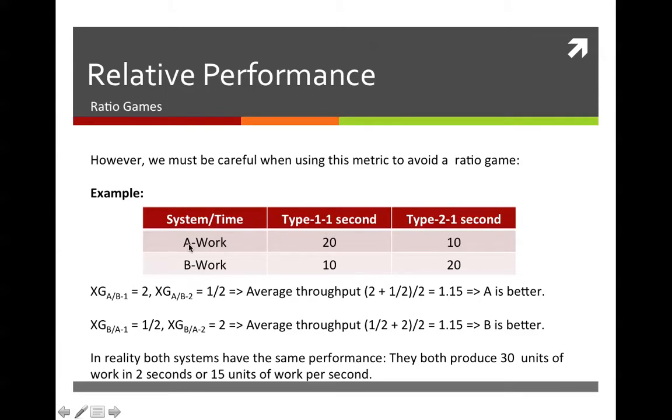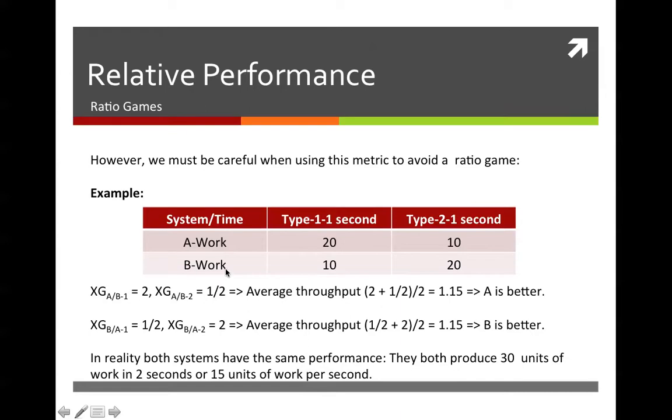So system A works on type 1 for 1 second to produce 20 work, whatever the unit of work is in this case. And then we do the same for type 2, and again in 1 second, system A produces 10 work. So 20 work and 10 work for system A in each of those seconds.